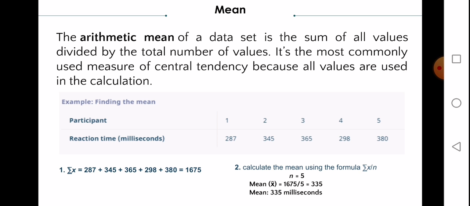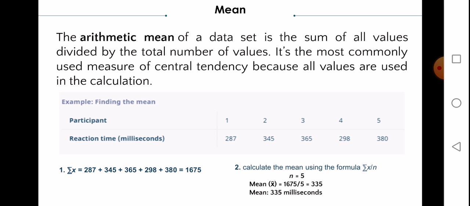First, you add up the sum of all values, which is 287 plus 345 plus 365 plus 298 plus 380, that is equal to 1675 in our sample.